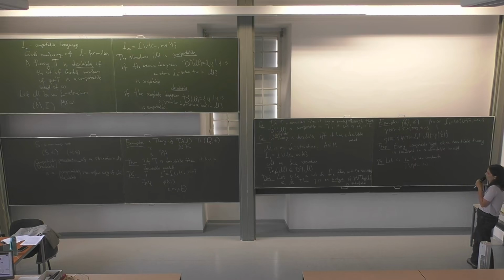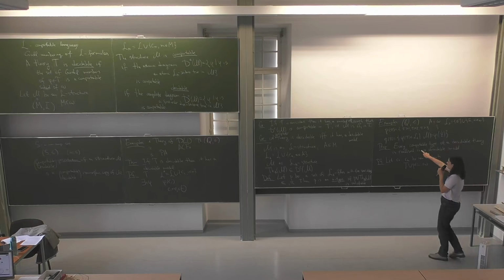Yes. Let's see. Well, the type, as a set of sentences, has to be computable. Well, on A we have it pretty much automatically because we say that it should be a computable type.